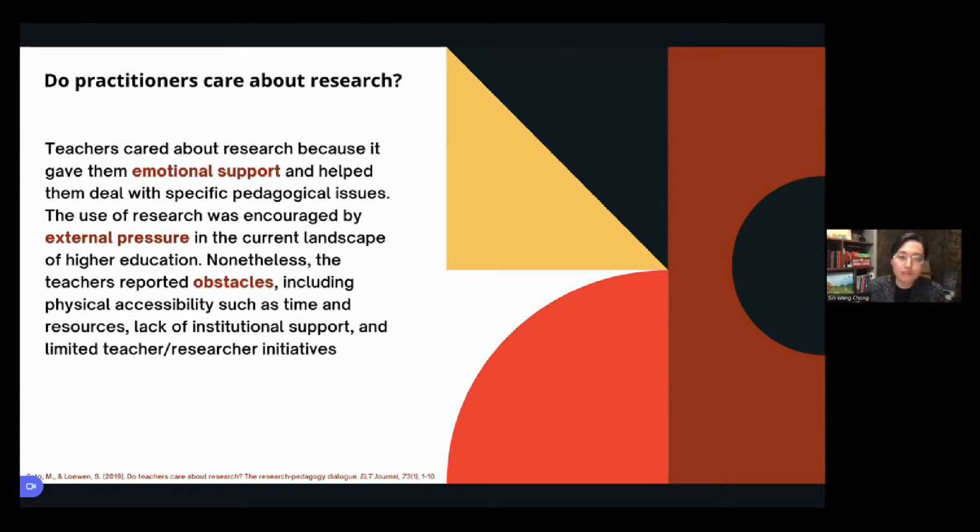And this emotional support came from the fact that when the practitioners' practice is verified or supported by empirical evidence, they feel like they are doing something really helpful to the students. At the same time, teachers are pressured or expected to read research and maybe even engage in research. So there is this whole line of action research or practitioner research going on in the field as well.